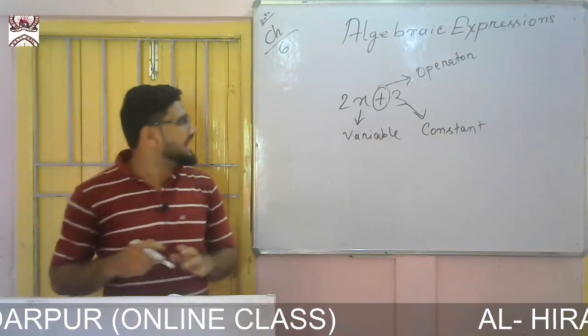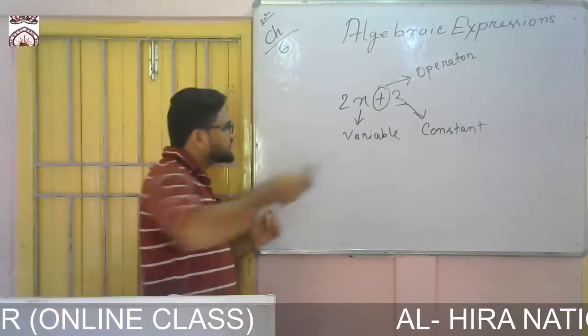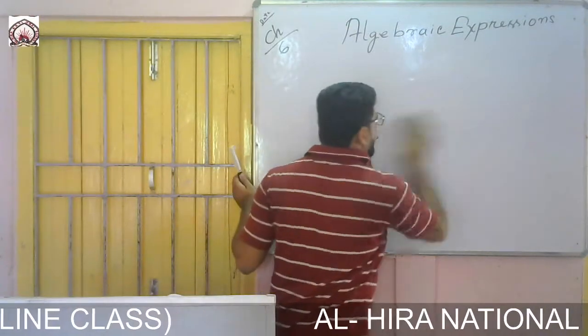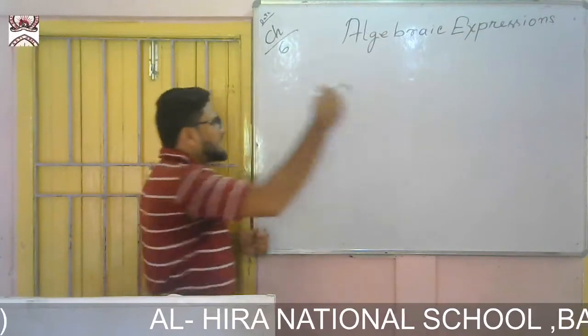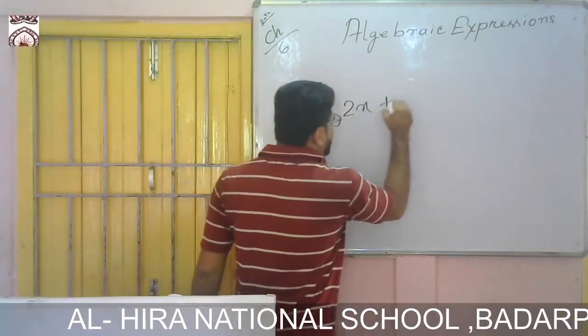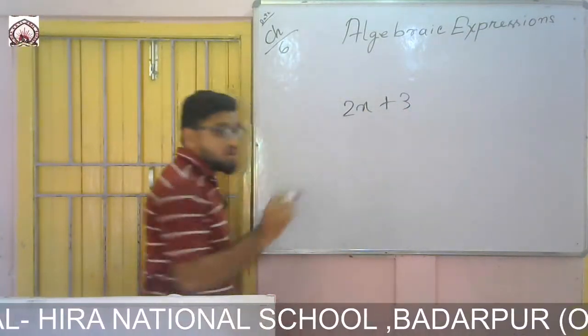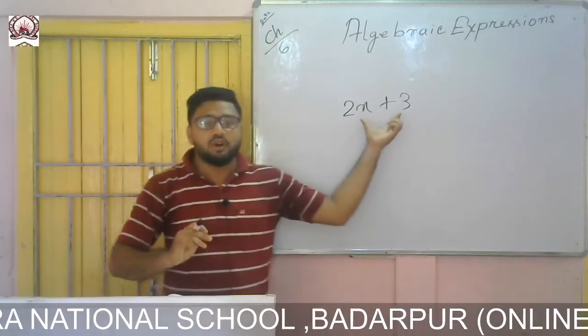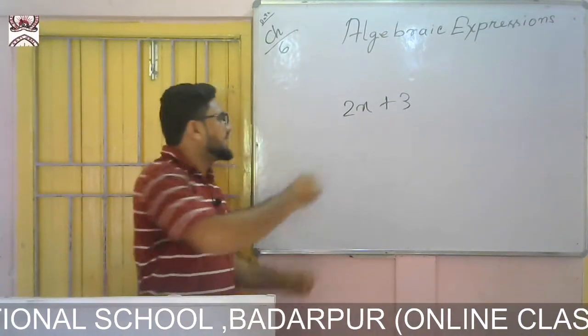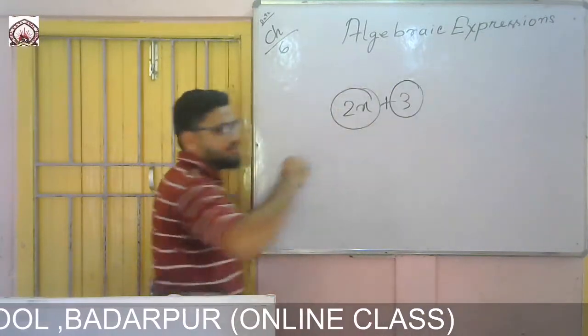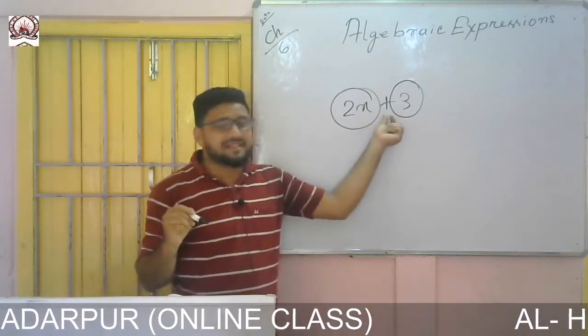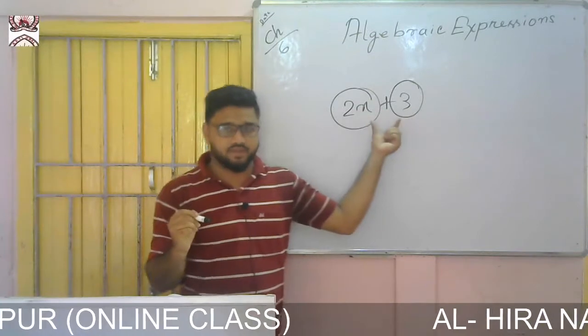Okay, and now let us know what is a term. Let me write the example again. Twice x plus 3. There are two terms. Okay, this one is one term and that one is another term. So the operator plus has separated the two terms.